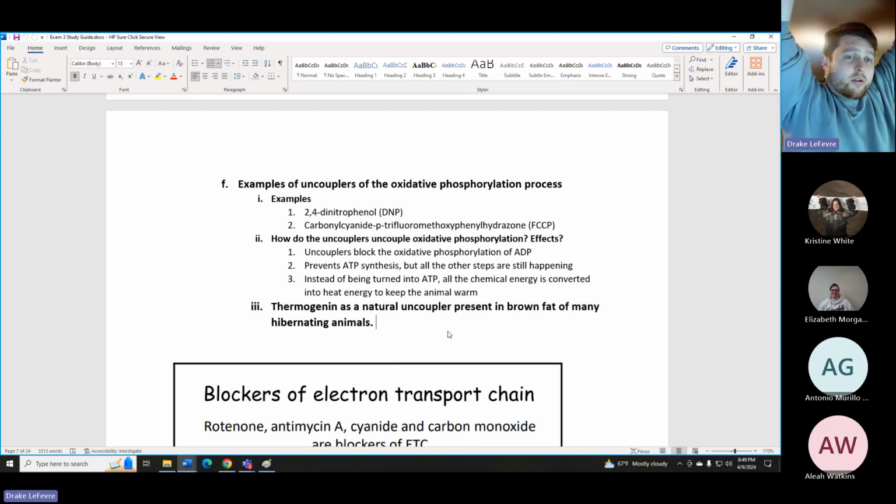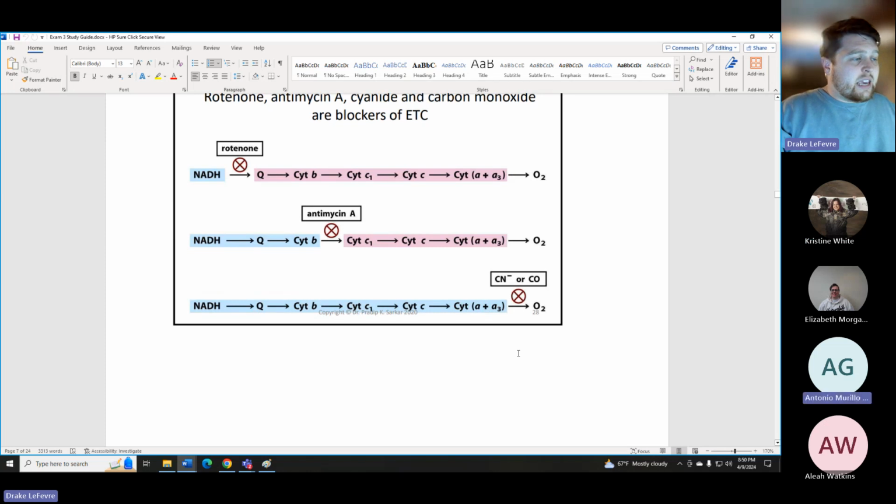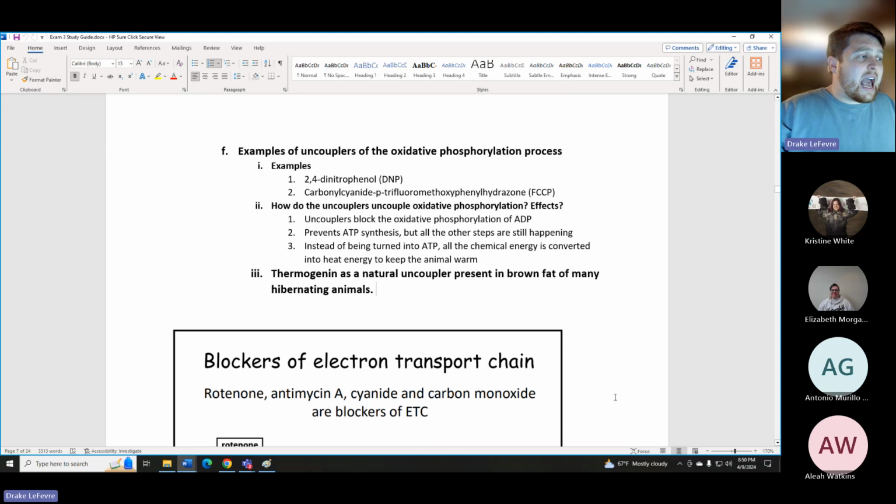So what thermogenin does, as a natural uncoupler, is allow the whole process of the electron transport chain to occur, giving those electrons to oxygen. But it actually uncouples it, separating the ATP synthetase portion of complex 5. So glycolysis, the Krebs cycle, the electron transport chain, all that can occur.